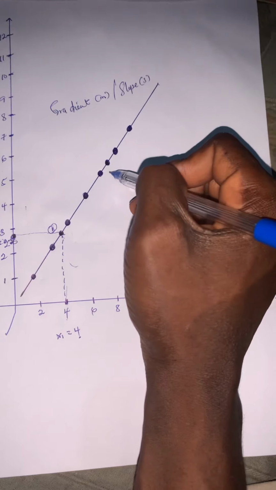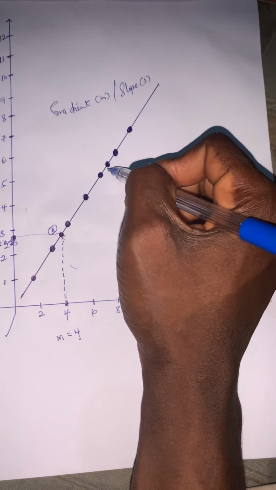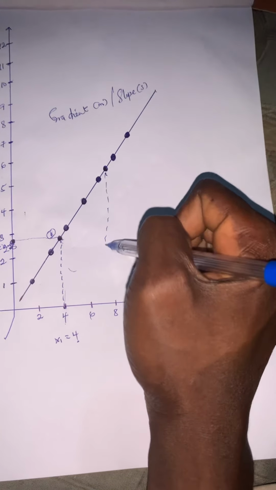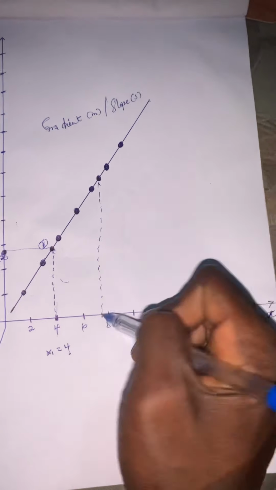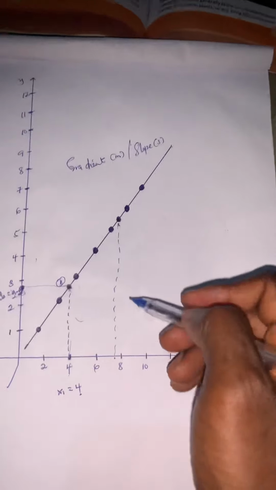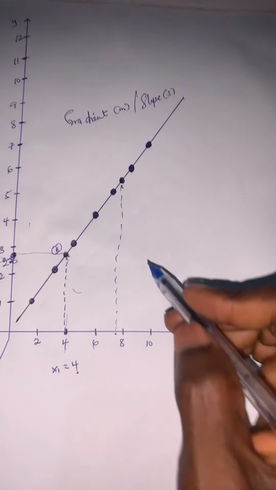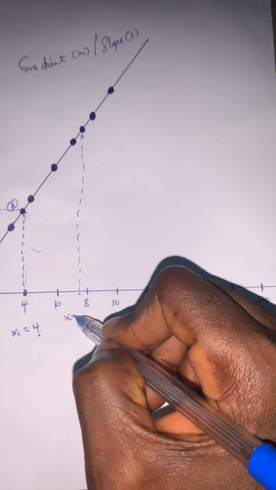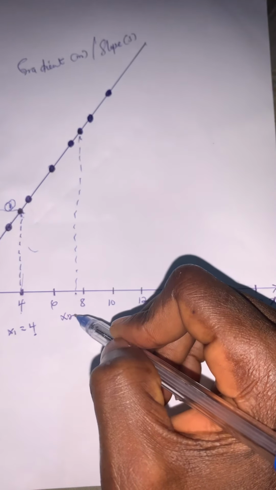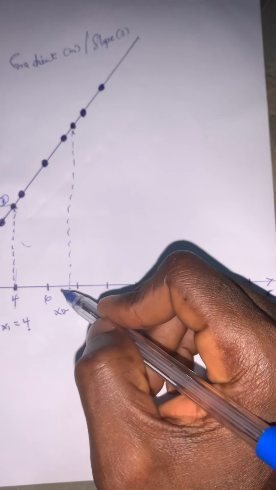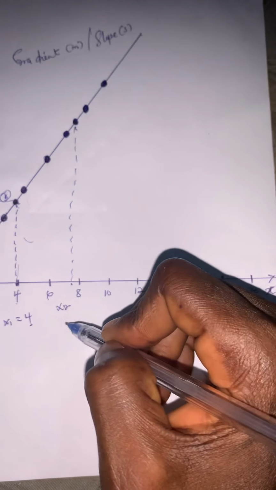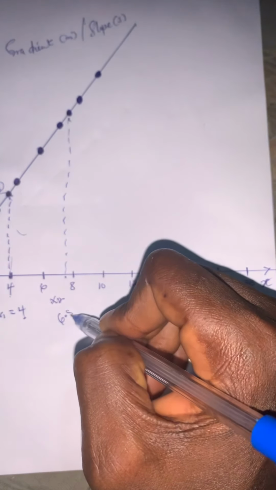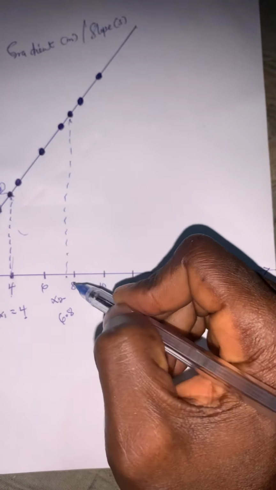We are going to do the same thing, tracing it to the x coordinate, then recording that value to be your x2. So you assume this x2 to be, I think, 6.8.